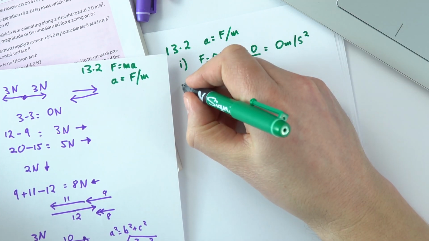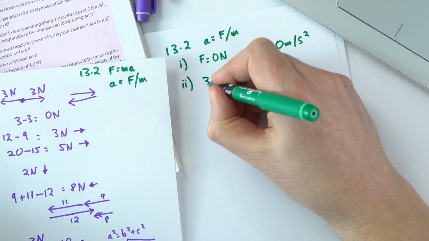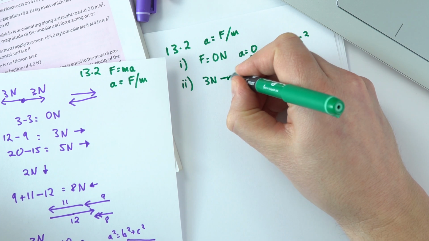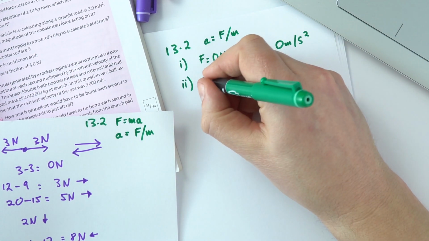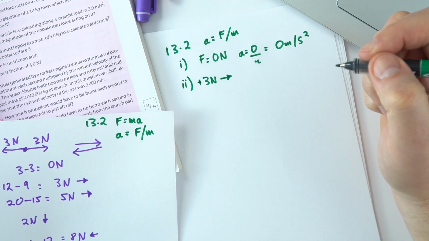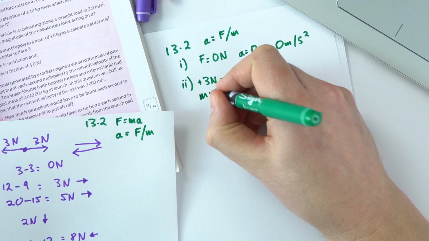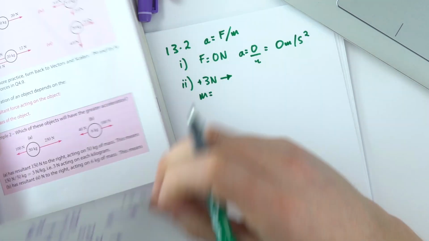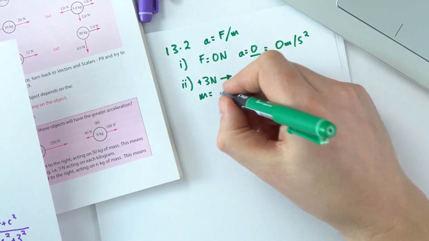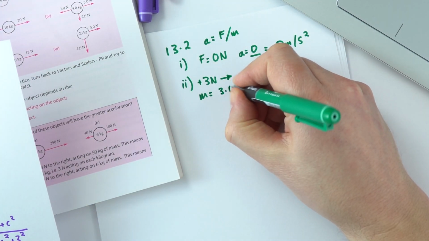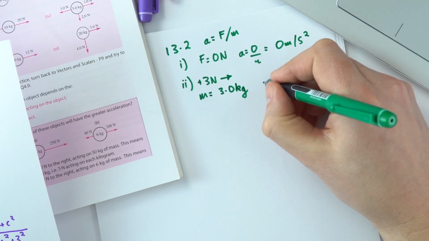Okay. The second one, we worked out that the resultant force was 3 newtons to the right, and because it said that to the right was positive, we can say that this is plus 3 newtons. The mass for that second one was equal to 3.0 kilograms.